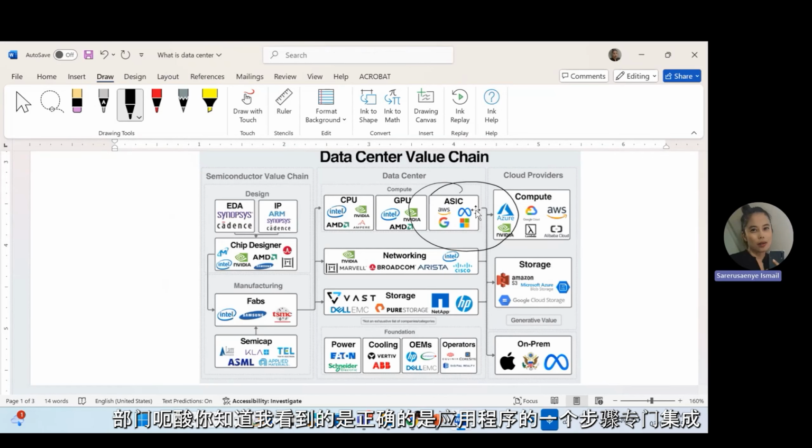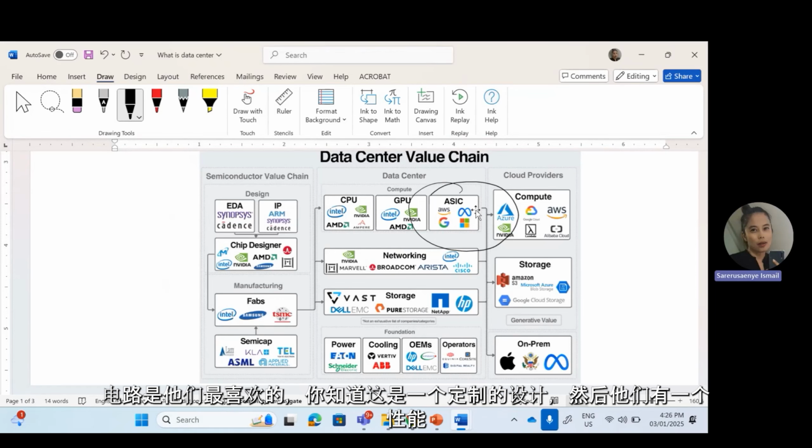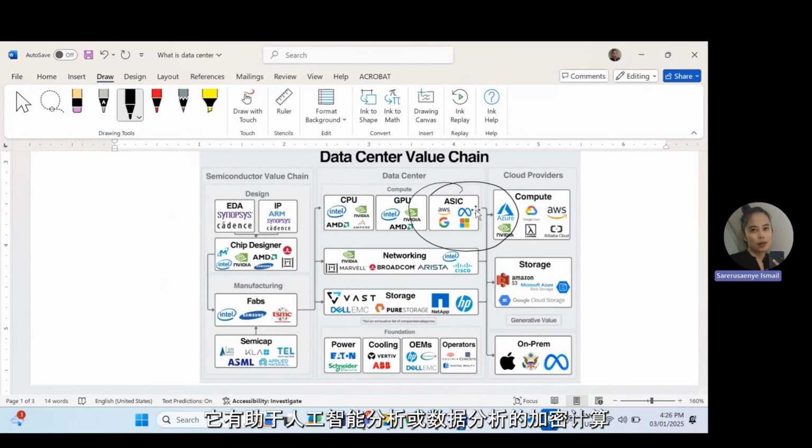You know what an ASIC is, right? It stands for application specific integrated circuits, which is a custom design with high performance. It helps with crypto, computation, AI analytics or data analytics, automotive, machine learning methods. That's all basically for the current trends of technology.